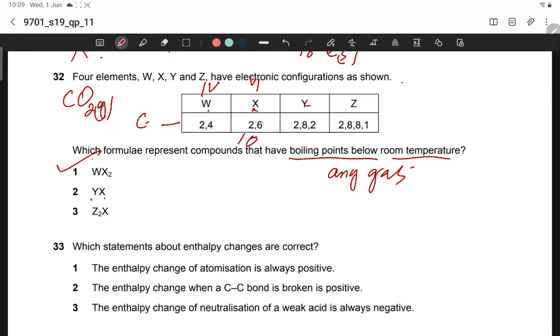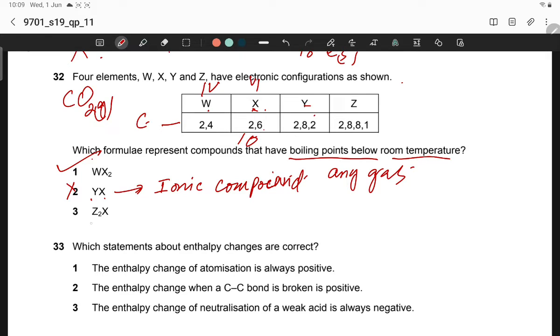YX is formed because X is non-metal and Y is group 2 metal, so it is an ionic compound and its boiling point is not below room temperature.